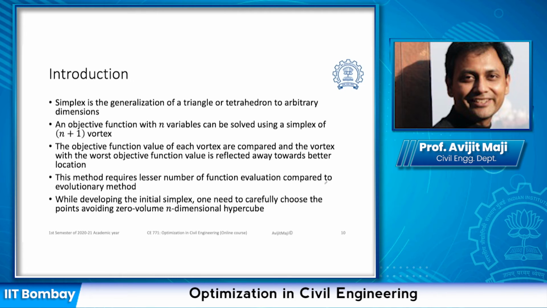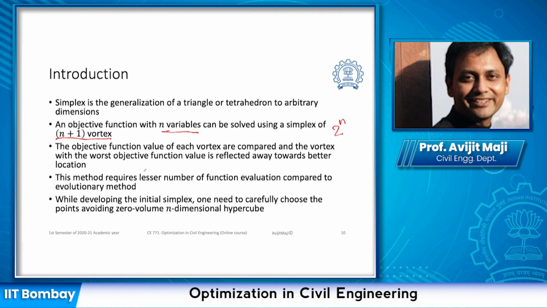In this case the objective function with n variables is required to be evaluated at n plus 1 vertices. So it is quite a bit less than the number in the previous method, where it was 2 to the power n.